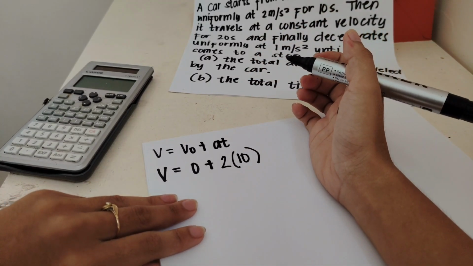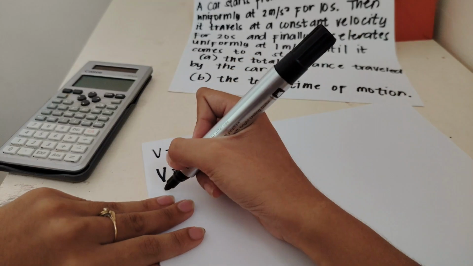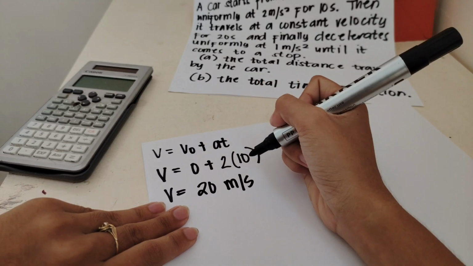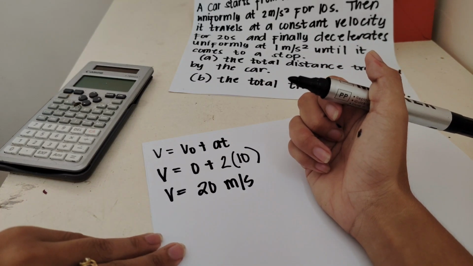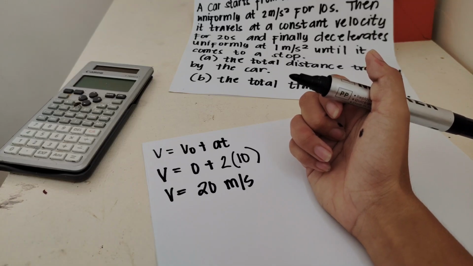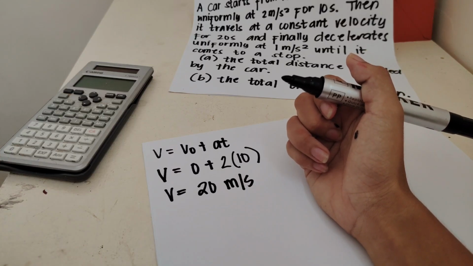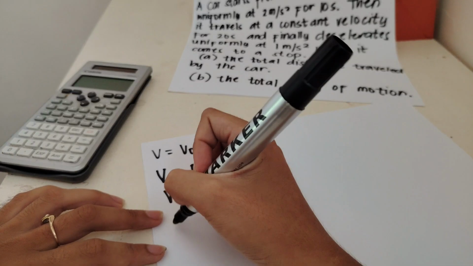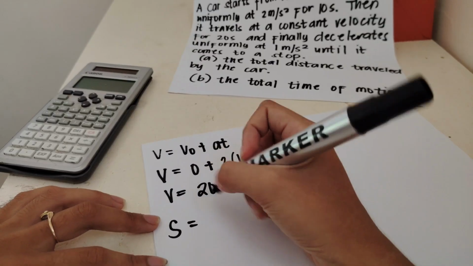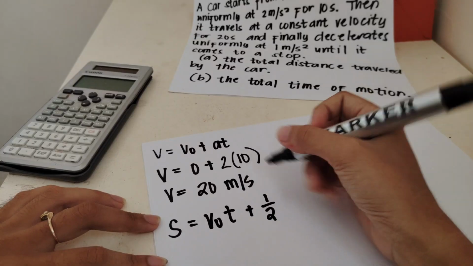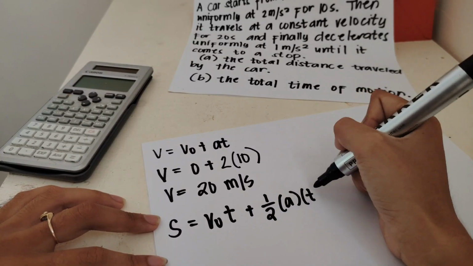So we have now v, velocity, is equal to 20 meter per second. So to find the distance traveled during acceleration, since we have now the final velocity of 20 meter per second, we can use the equation S is equal to initial velocity times time plus 1/2 times acceleration times time squared.